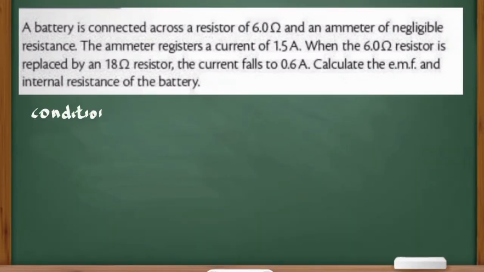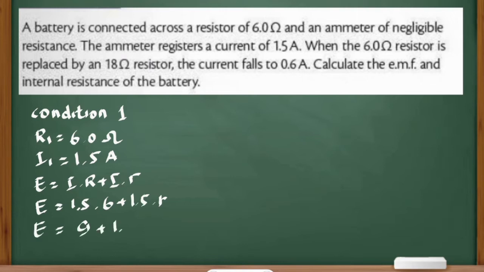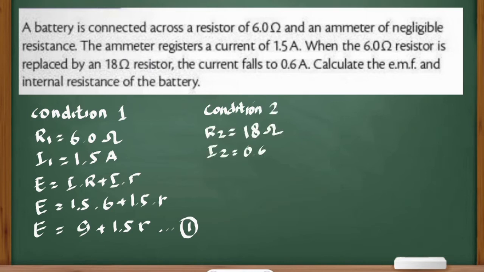Following the problem, we can divide it into two conditions, condition 1 and condition 2. Now put the 6 ohm resistor and current into the formula. It becomes the first equation. Put the 18 ohm resistor into the formula and it becomes the second equation.